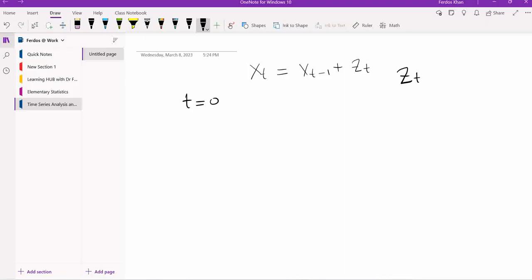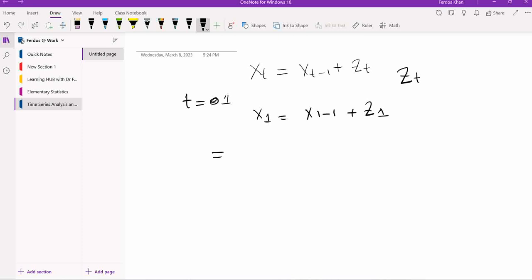Let's suppose t equals 1, because if t is equal to 0 then Xt minus 1 does not make any sense. So X1 is equal to X1 minus 1, because t equals 1, plus Z1.